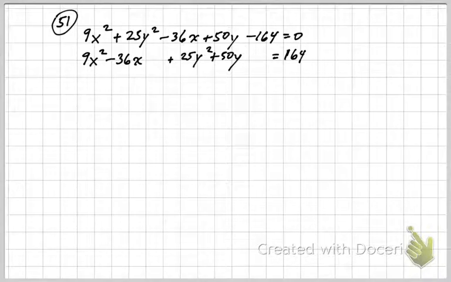Caleb knows that I can factor out a 9x out of both of these, but I'm not going to. I'm just going to factor out a 9. Why wouldn't you put the 50y with the minus 16? I put the y's with the y squareds, the x's with the x squareds. That's 164. Oh, that looks like a 16y. My bad.